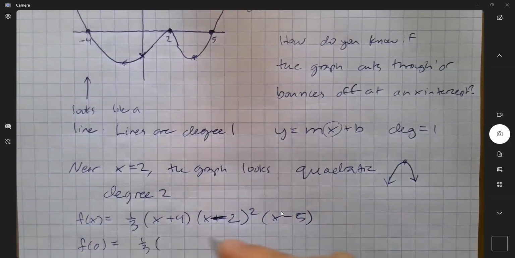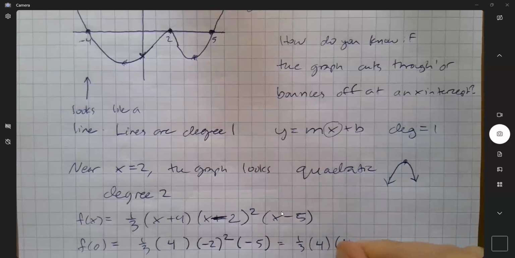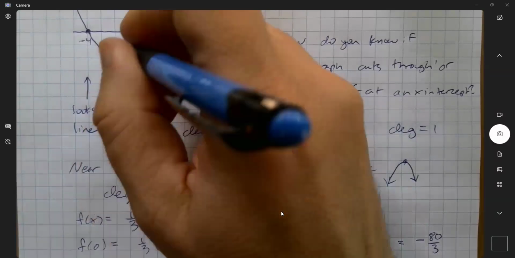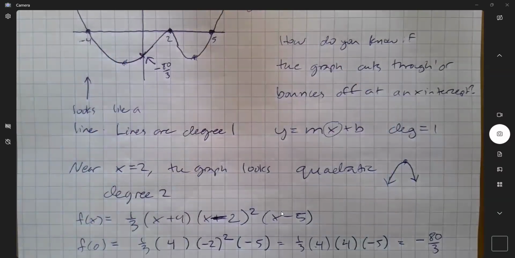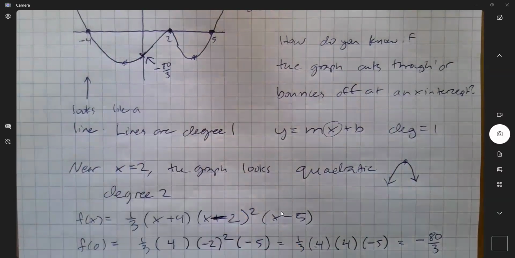So I have 1/3 times 4, times negative 2 squared, times negative 5, which is 1/3 times 4 times positive 4 times negative 5. 16 and negative 5 is negative 80, so it's negative 80 thirds. And that must be my y-intercept right there at negative 80 thirds. And it's good to check. When I did my arithmetic, I got a negative number. And when I looked at my graph, it should be a negative number.